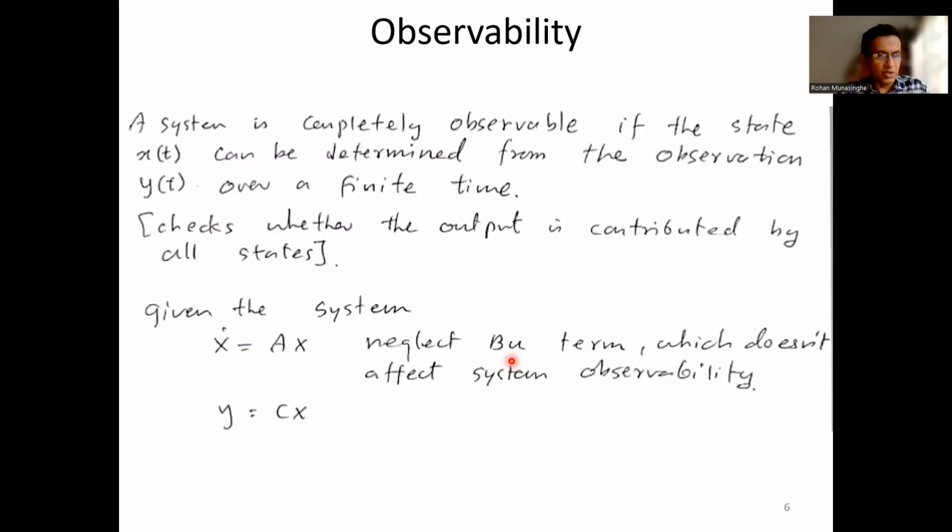And if the system is observable, it's not going to be affected by the control system when you put it in. Your observability, which is already there, is not affected. So you can conveniently take the control signal out of the plant and develop your theory on observability. For that reason, we only take the homogeneous part of the system, x dot equals Ax.